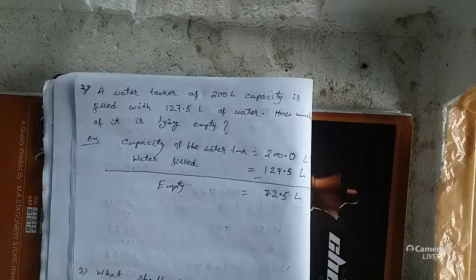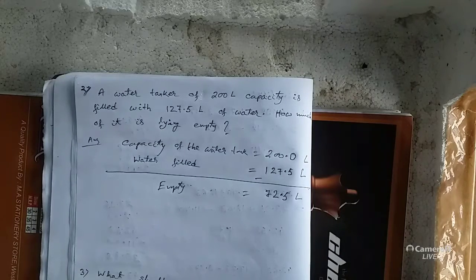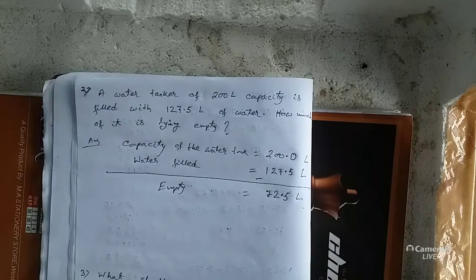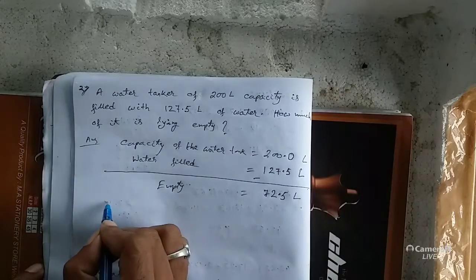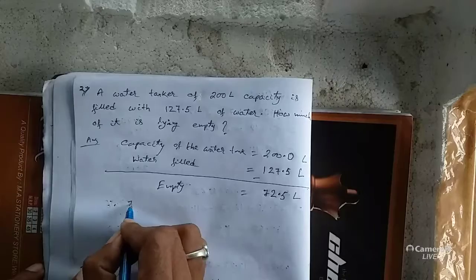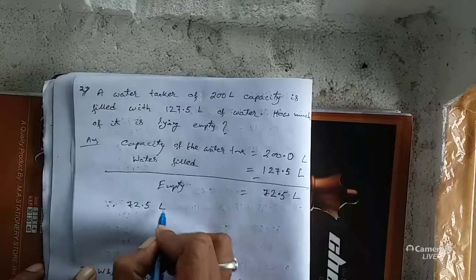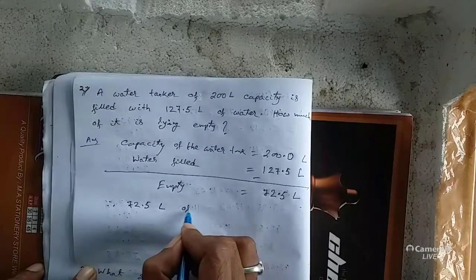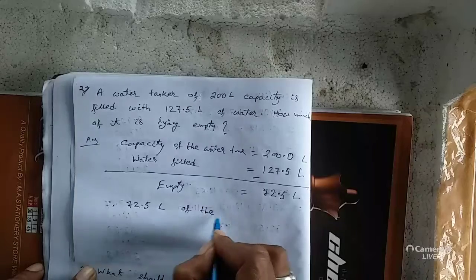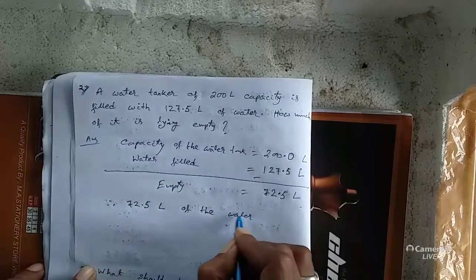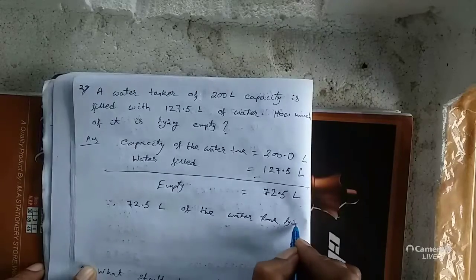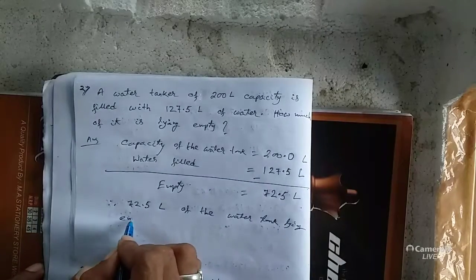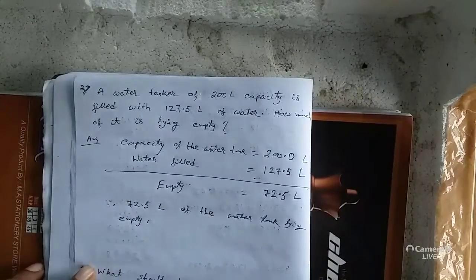So the empty part of the water tank is 72.5 liter. Therefore, 72.5 liter of the water tank is lying empty. Okay.